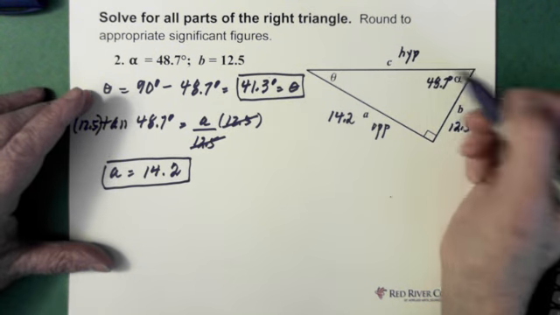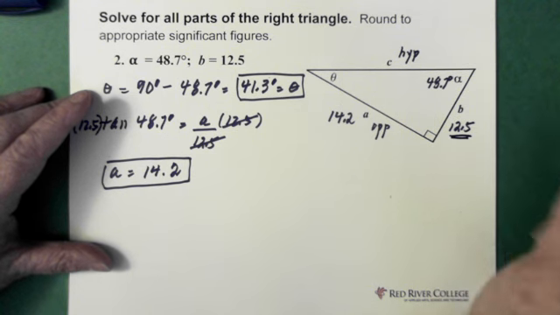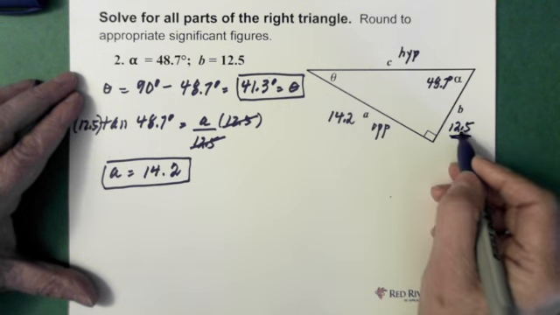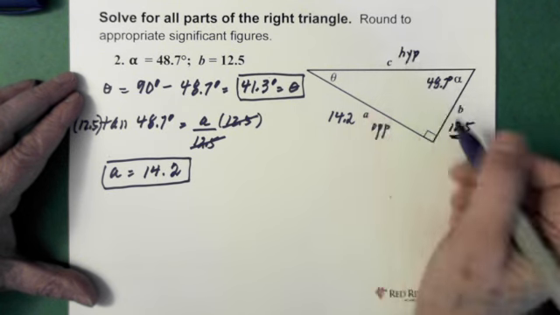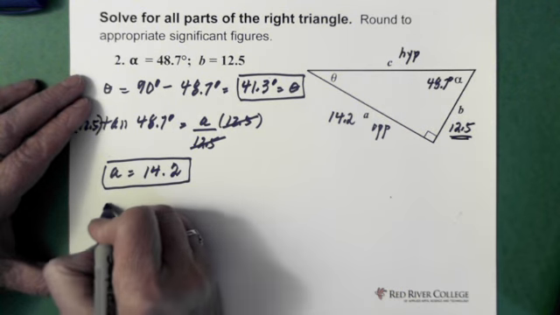Now let's solve for the hypotenuse, and again we'll use this side. That is adjacent over hypotenuse, which is the cos.